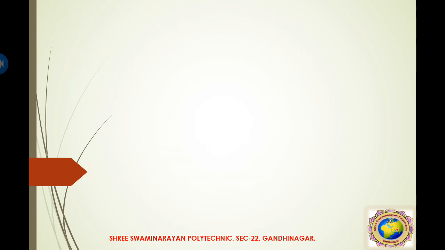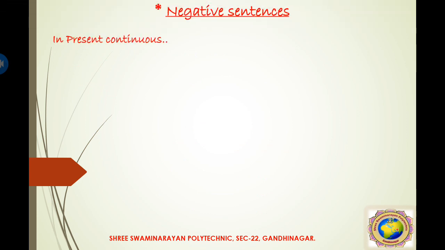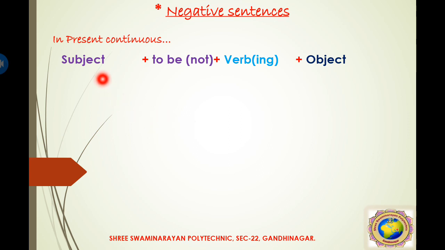Now we discuss how to make a negative sentence. What would we like to change in the present continuous tense? Here we just change our basic formula. Subject is as it is, to be is also as it is, but we add not, plus verb ing, and object is as it is.